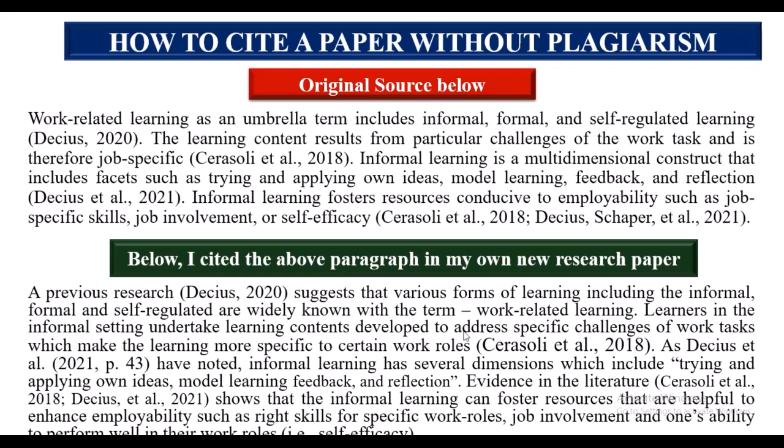I am trying to capture the keywords as exactly the constructs of the informal learning, because here the original author talked about a multi-dimensional construct, very key, quite important, that includes facets such as trying and applying own ideas, that is construct one, model learning, which is construct number 2, feedback construct number 3, and reflection construct number 4.